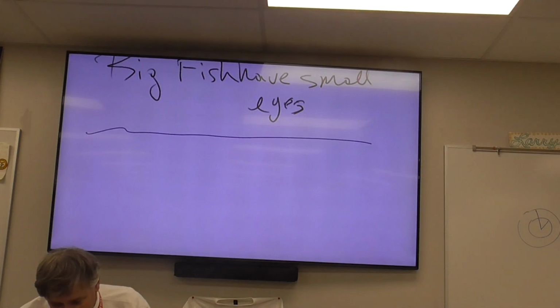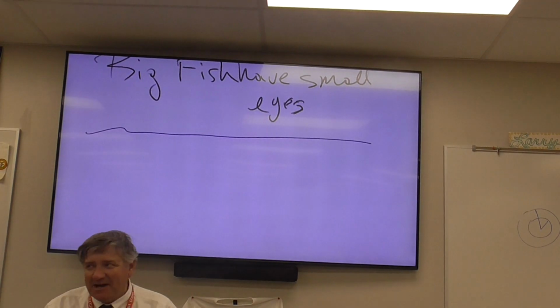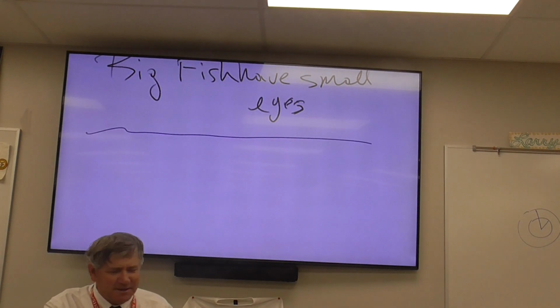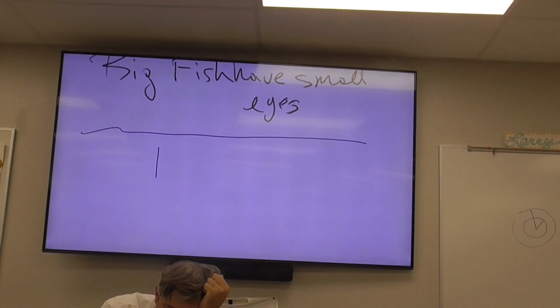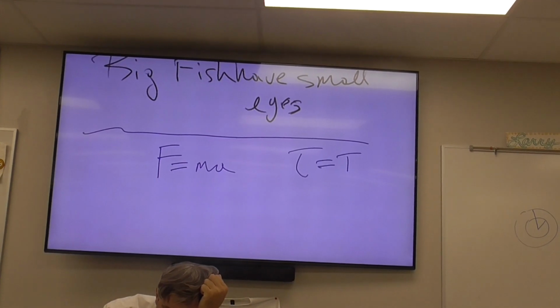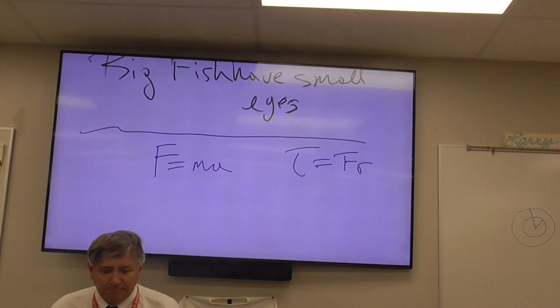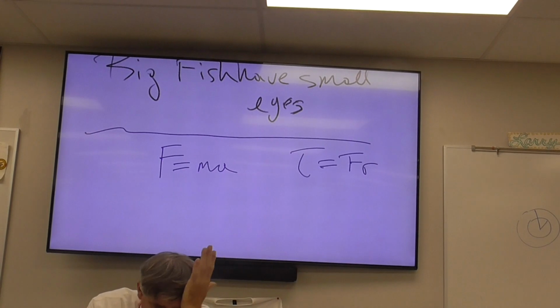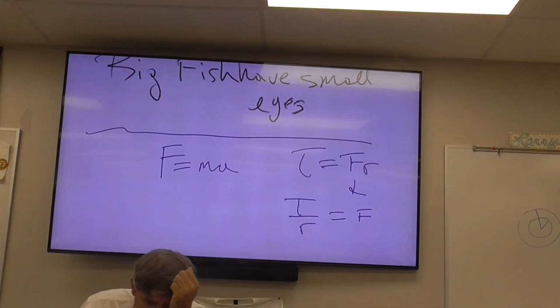Now, as I say that, even though I just told you not to use F equals ma, I'm going to use F equals ma. It's like, you just told us not to. There's the method of my madness. So, we just said that F equals ma, and torque equals force times radius, right? True? Yes. Good. Now, here's the story. If I solve this for force, I get torque over radius equals force, right?